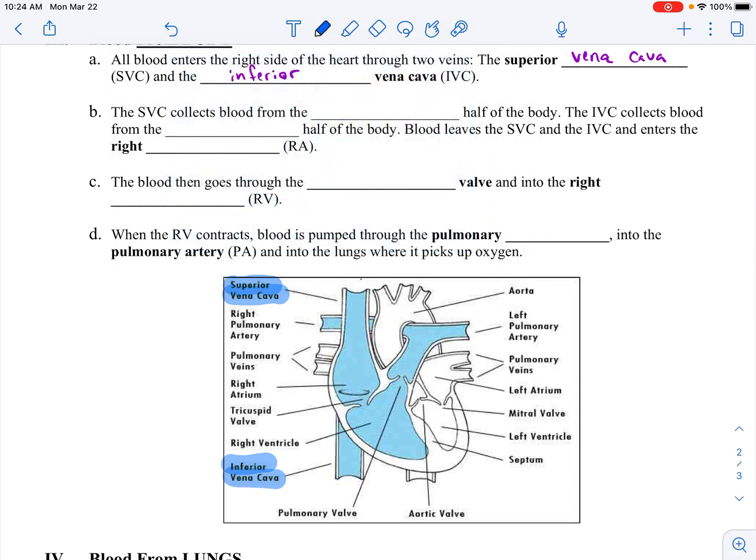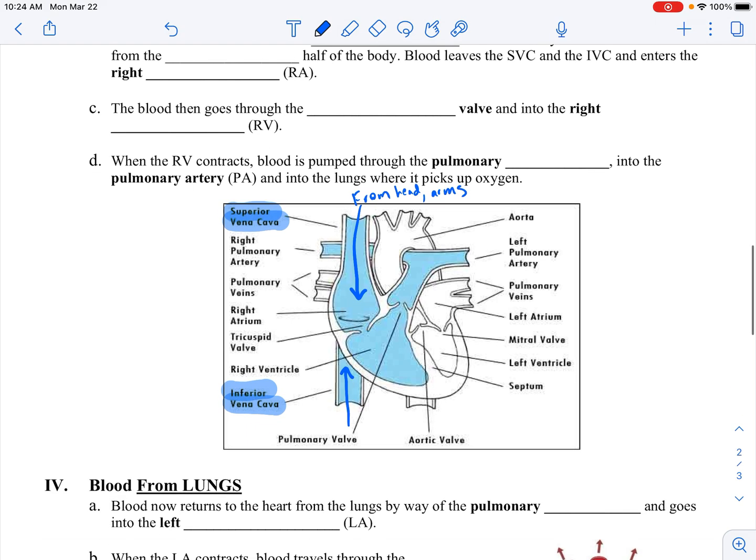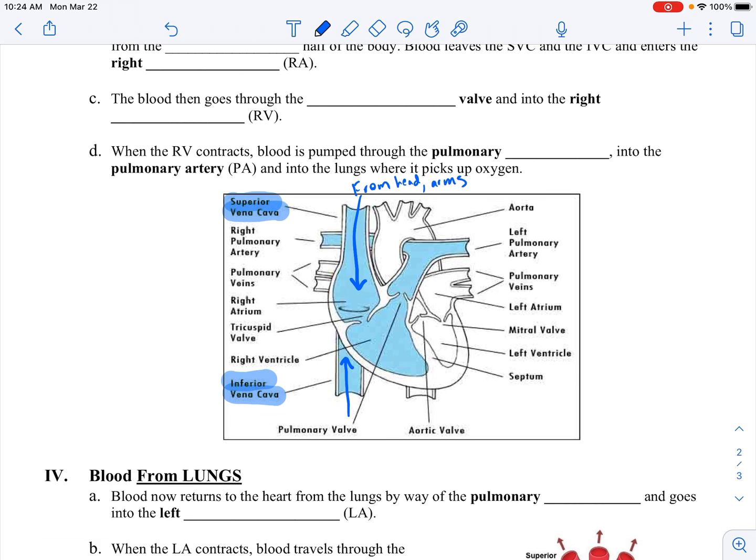And I'm going to use a blue colored pen. Blood will be coming from the body. The superior vena cava will bring blood from the head and the arms, and the inferior vena cava will bring blood from the torso and the legs.